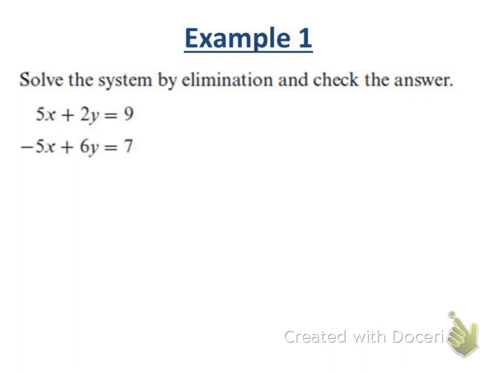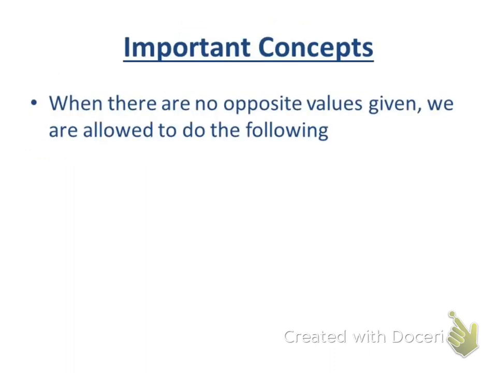All right, so it's an easy process when you have opposites. It's not uncommon to have opposite coefficients in an equation. We've seen equations like that before. What if you don't have opposite values given? Because we're dealing with equations here, what are we allowed to do to equations? You can multiply, divide, add.